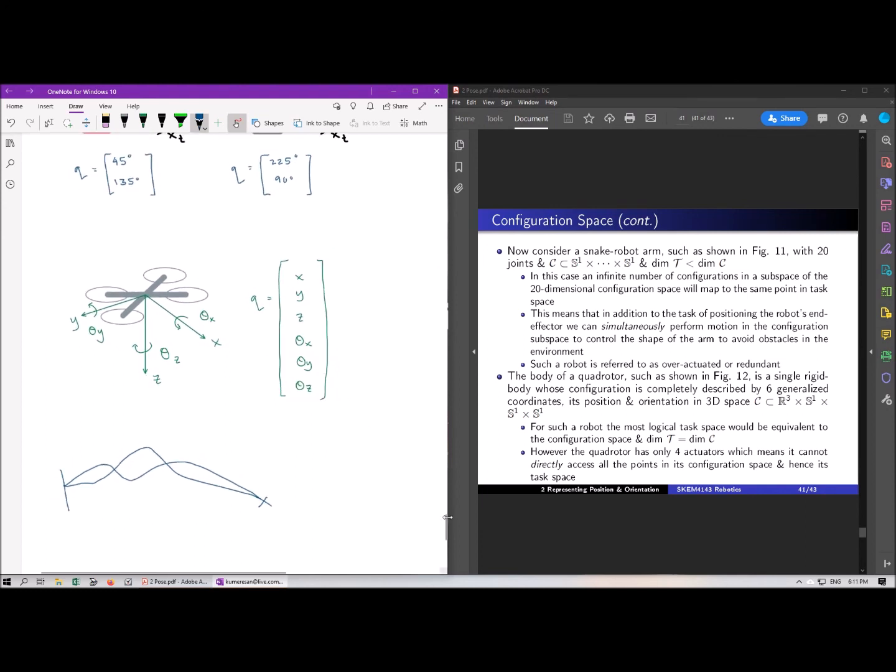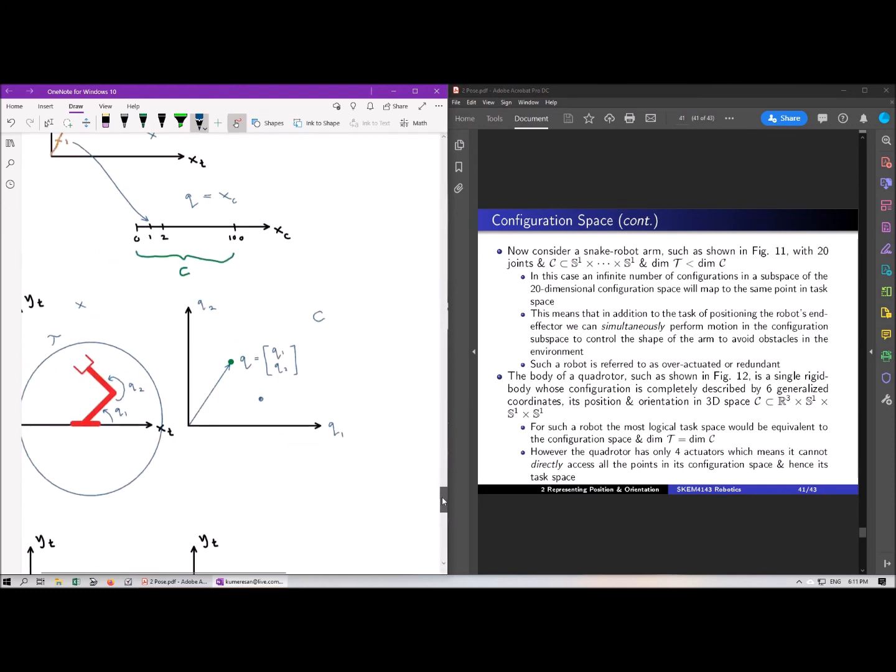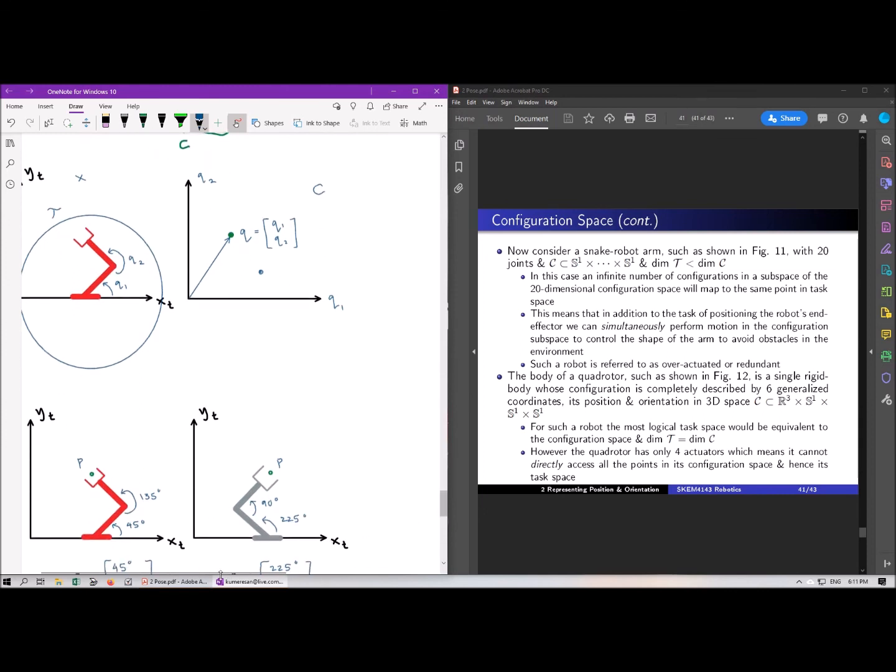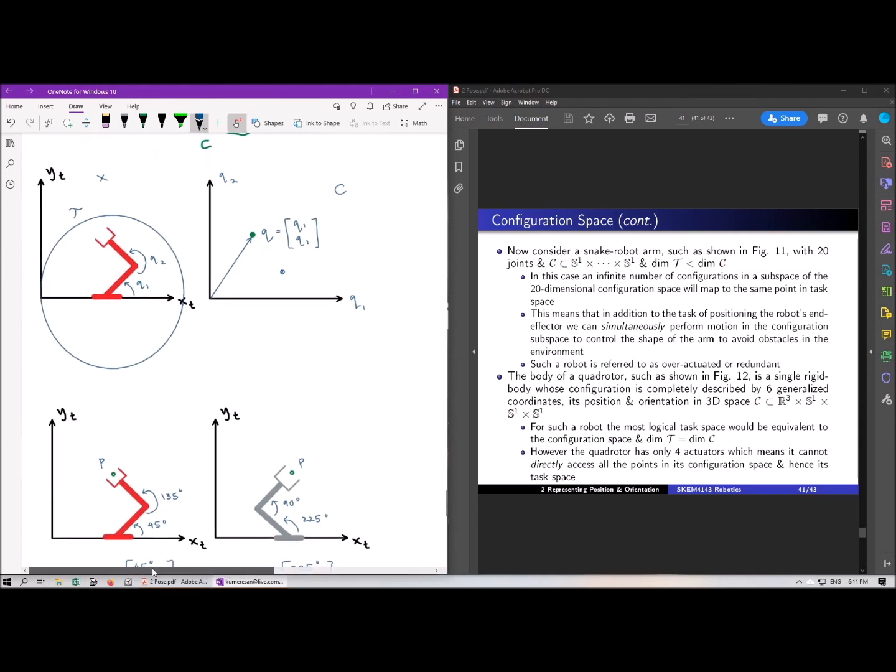On the other hand, in the previous example with our robot arm, the number of joints is 2. In each joint we have an actuator, so one actuator here, another actuator here.